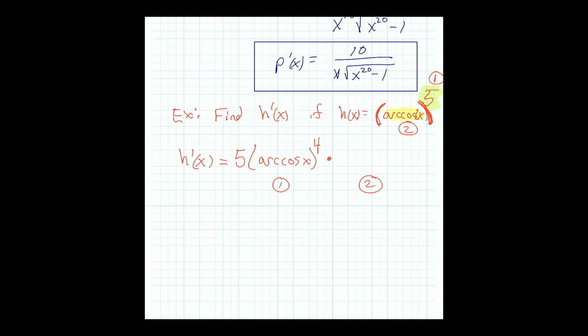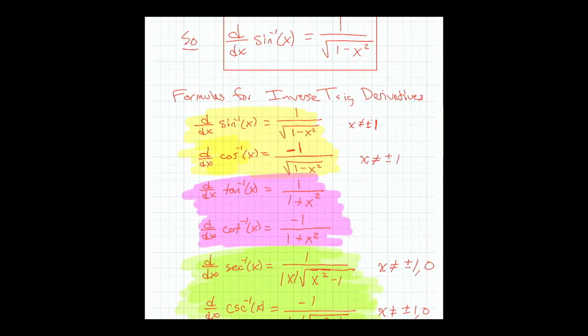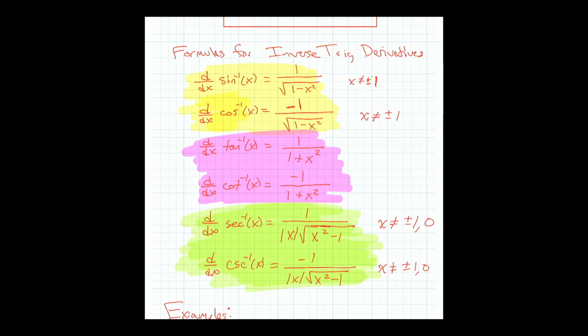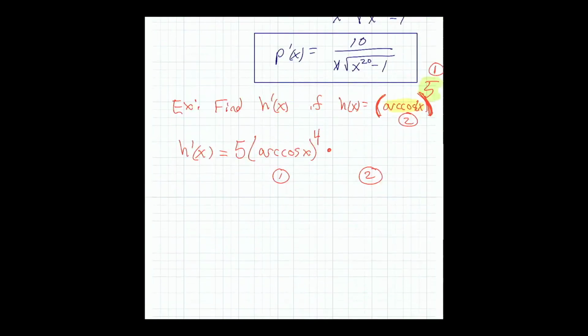So what's the derivative of arc cos x? Well, scroll up. There it is. Negative 1 over square root of 1 minus x squared. So what's your final answer for the derivative? h prime.